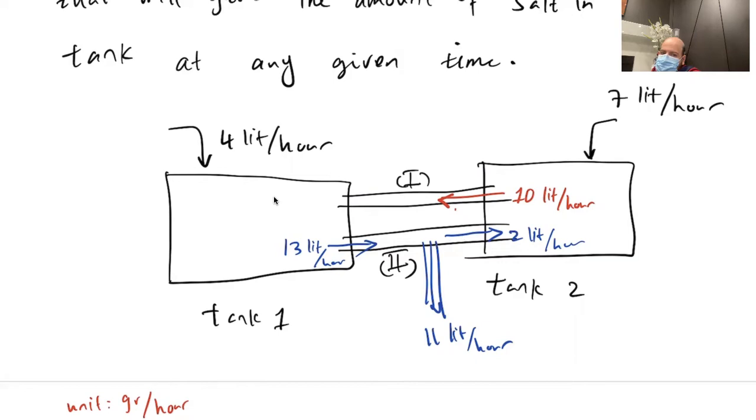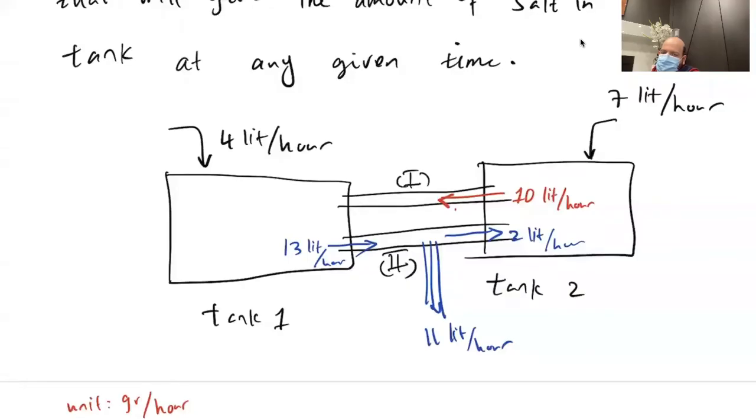How much is the concentration of salt water in tank 1? Again, we already calculated this quantity. In order to find the concentration, I need to know the amount of salt in grams in tank 1, which is denoted by x1 of t.